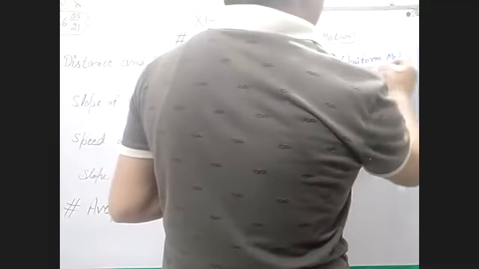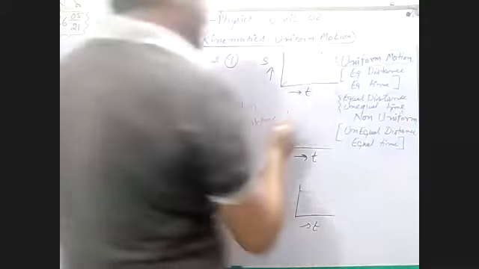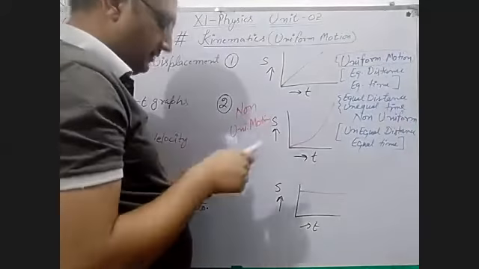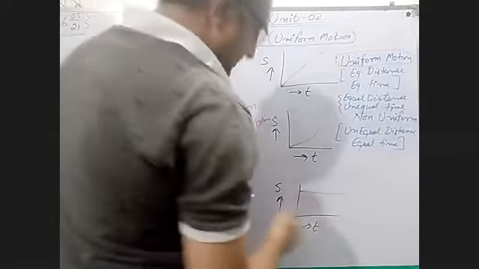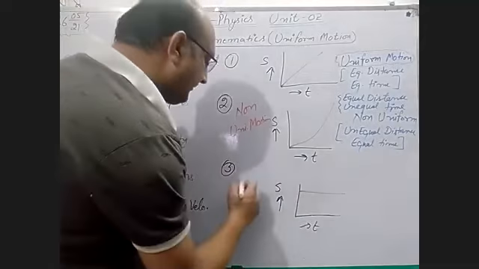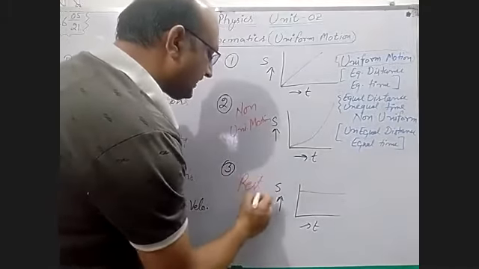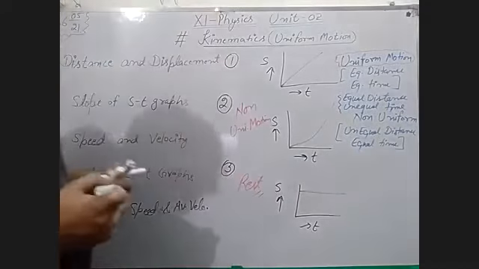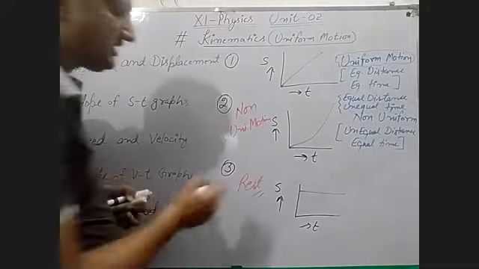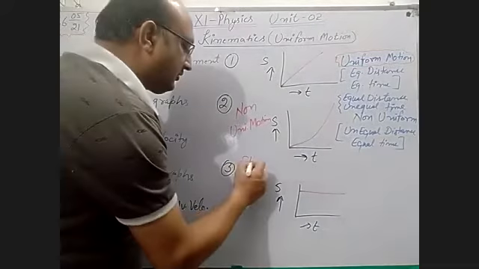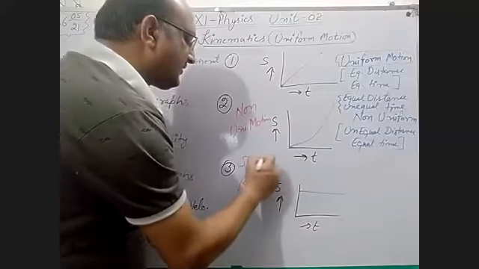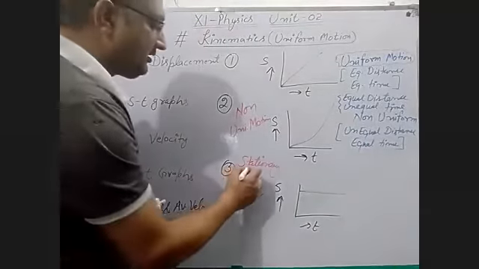Okay, this is uniform motion. This is the non-uniform motion graph. And the last one is the graph which tells that the object is not moving. It is in the position of rest, or you can also use the word stationary in this condition. Stationary also has the meaning of rest.